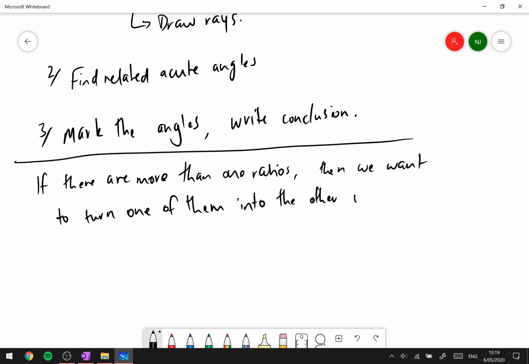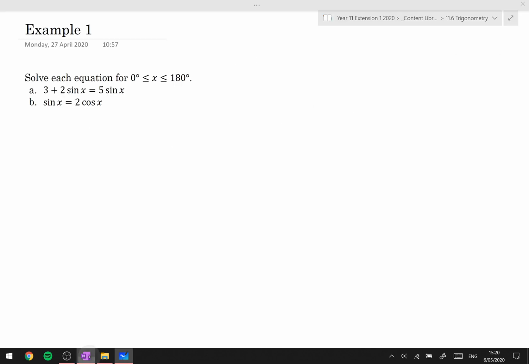We're going to do that using identities, so the Pythagorean identity, our ratio identities, which will come up quite a bit, something along those lines. Let's have a look at some examples on how to do this.